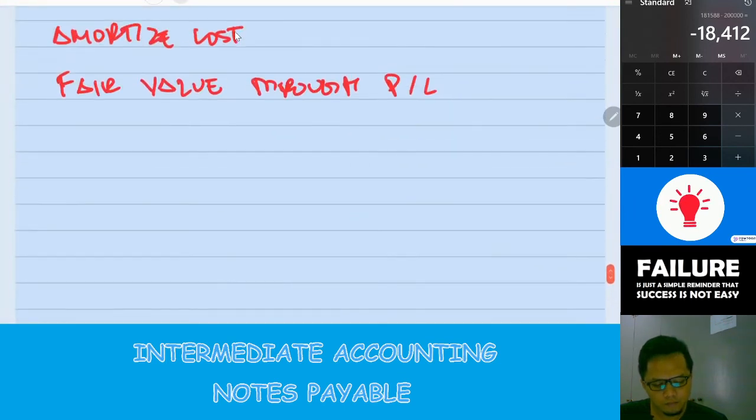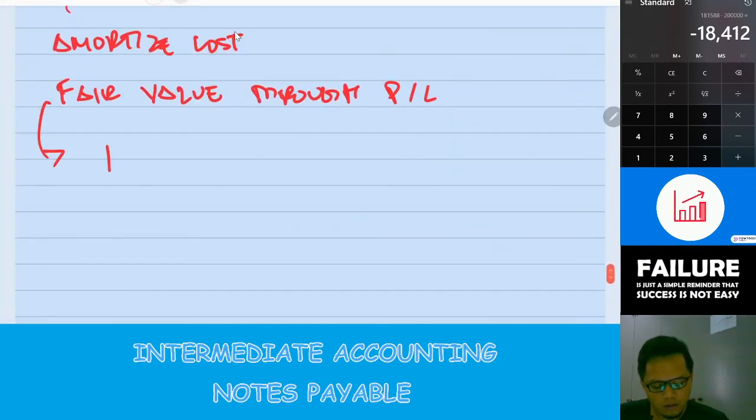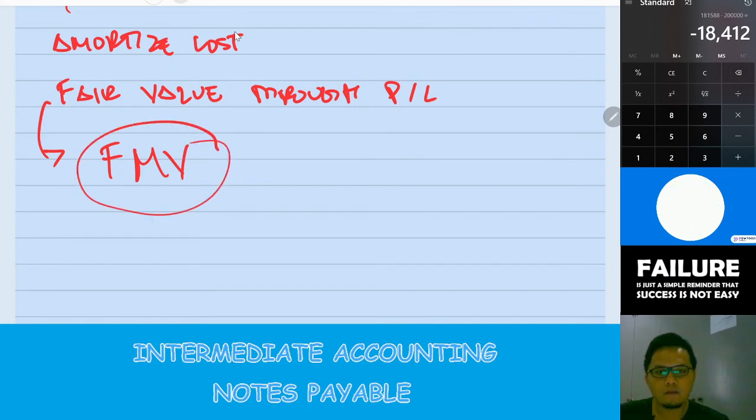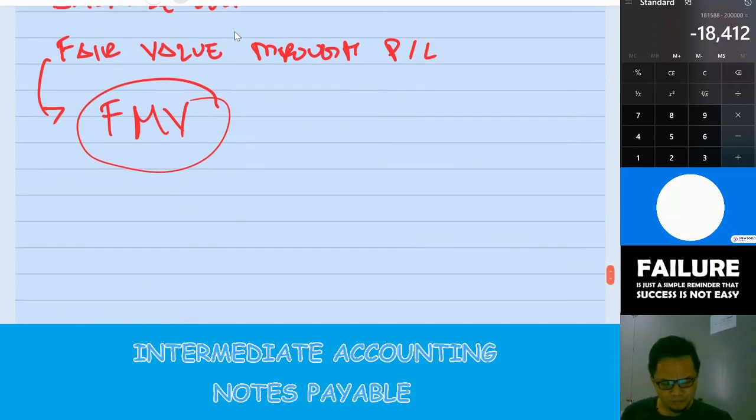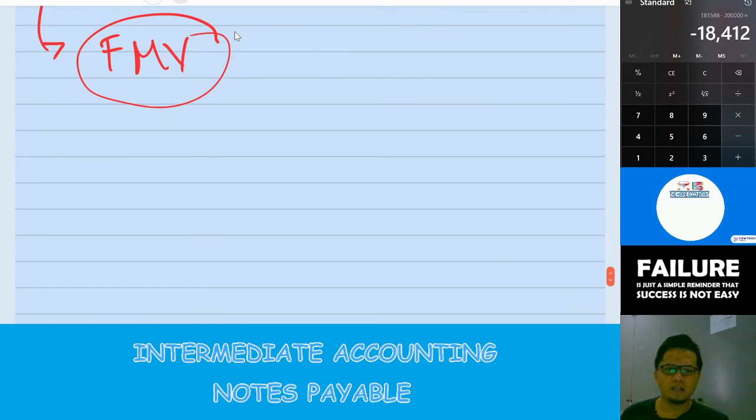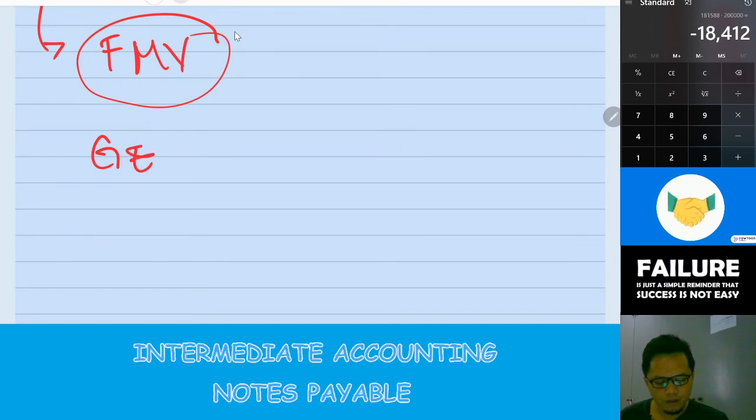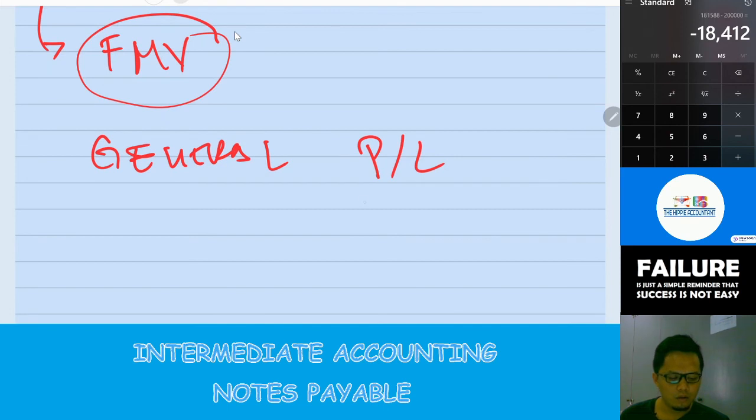But instead, we will only recognize fair market value. Okay? So, kung baga, annually, okay, yearly, we will compare each fair market value. Okay? Annually. Any changes in the fair market value is to be presented in general, okay, in general sa profit or loss.